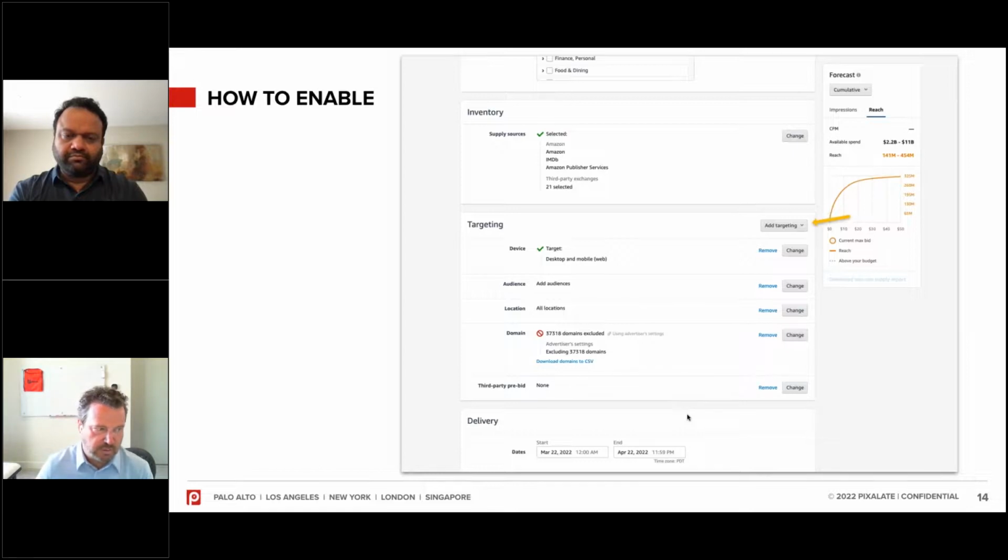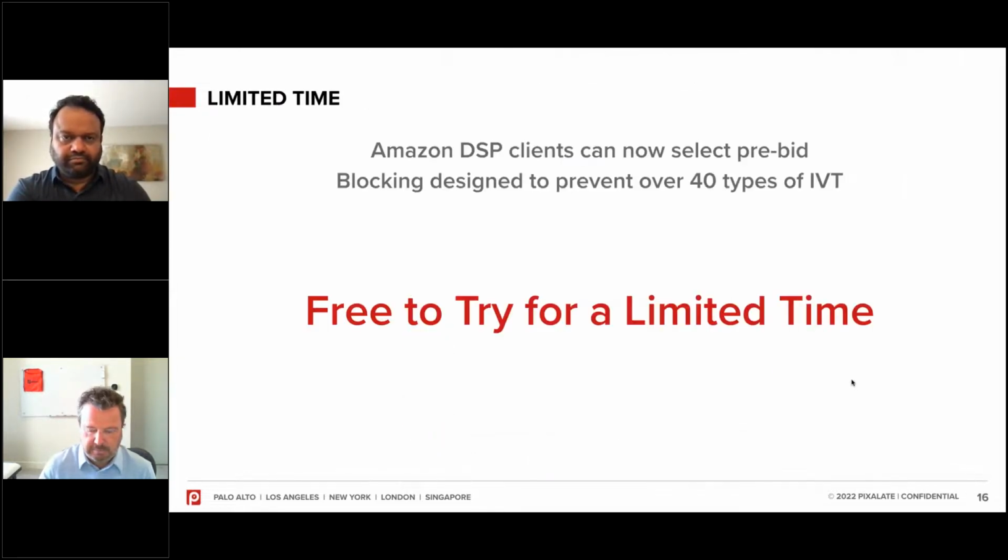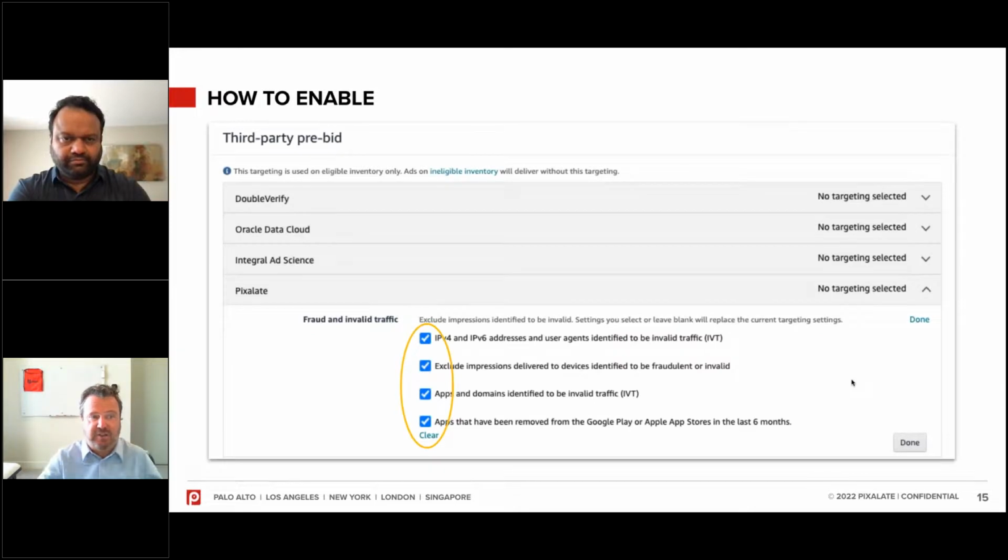You can also then go into the targeting section and add targeting. This is how you turn on our pre-bid filters. They are not on by default, by the way, so they need to be turned on. You click on add targeting, and you'll see a section that says third-party pre-bid. You click on the change button there, and you will get a section with several different vendors that provide pre-bid third-party selections.